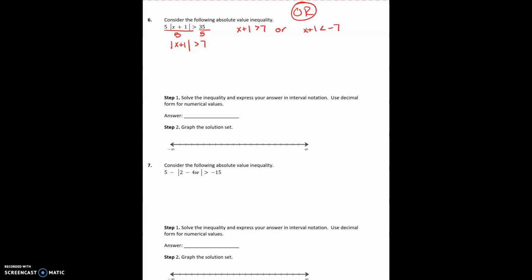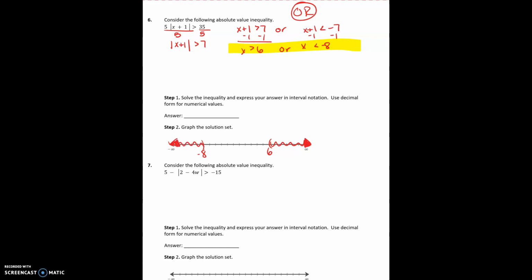There's my second one. So I'm going to subtract 1 and subtract 1. Okay, so here's my answer. X is greater than 6, so I'm going to graph this first. So I'm going to find 6, parenthesis, greater or less than negative 8.